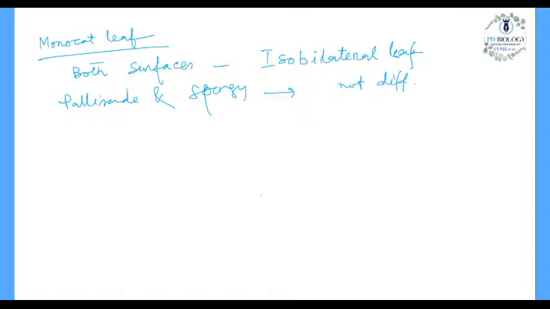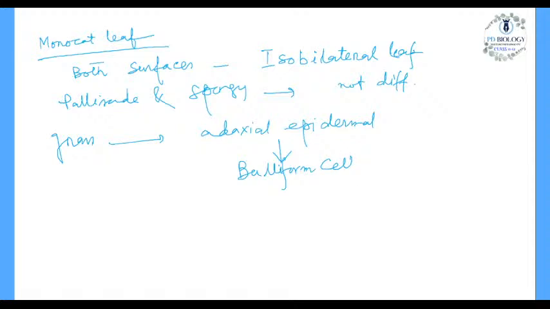In grasses, certain adaxial epidermal cells along with veins modify themselves into large, empty, colorless cells. Can you remember? In case of grass, these adaxial epidermal cells are called bulliform cells.